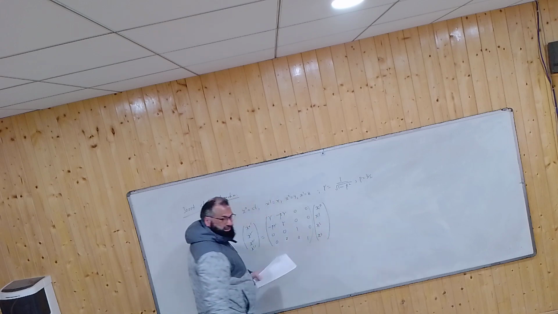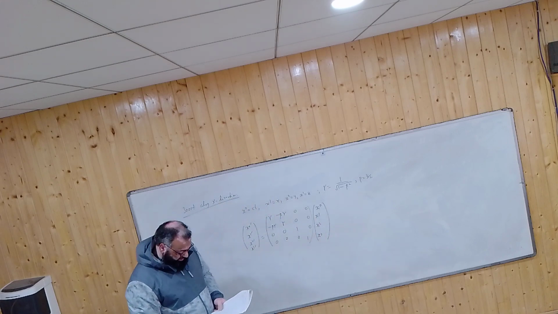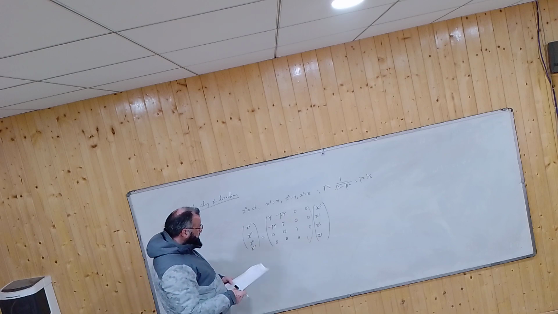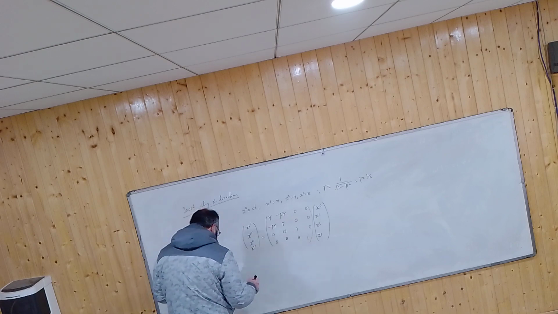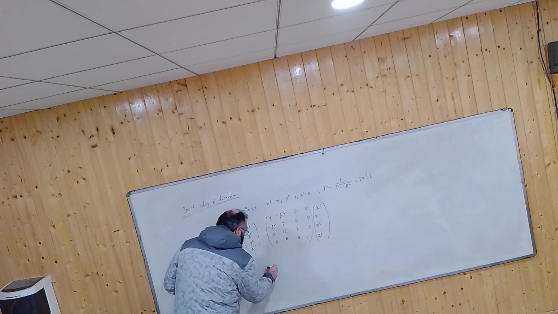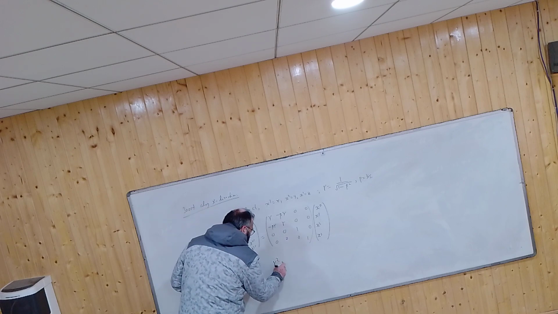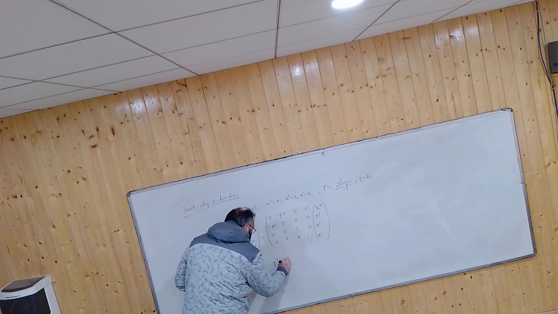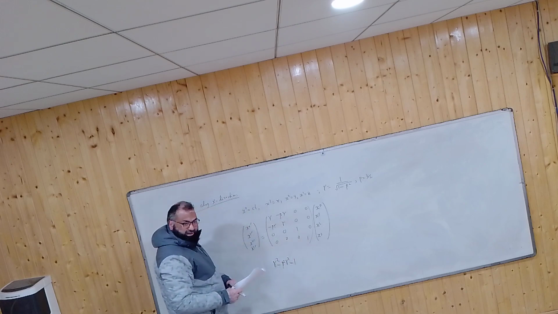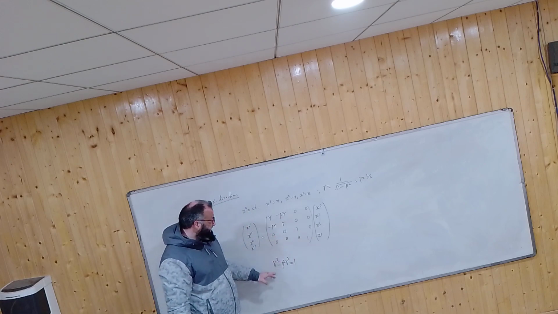Clear? So this is the usual transformation. Let's parameterize. Since we are having this very condition, gamma square minus beta square gamma square equal to 1. So it is rewriting the same equation.